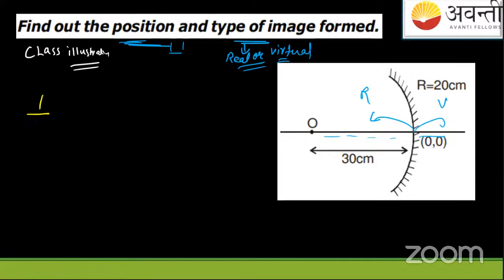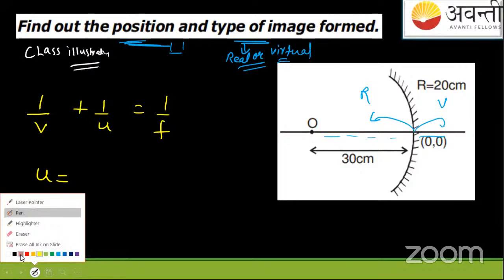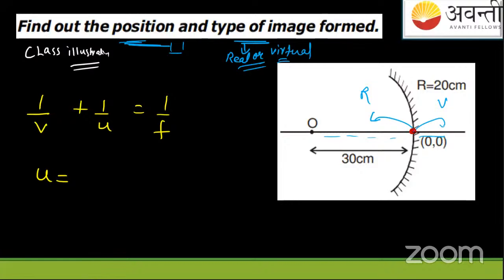So apply the formula 1 by V plus 1 by U equals 1 by F. One of the students has already solved the question, I think. Very good, Varsha. So if we apply the formula, the object distance here is given as what? I told you in the beginning to measure all the distances from the pole. The pole here is the origin (0, 0), as we study in Cartesian coordinates. This direction is negative and this will be the positive side.